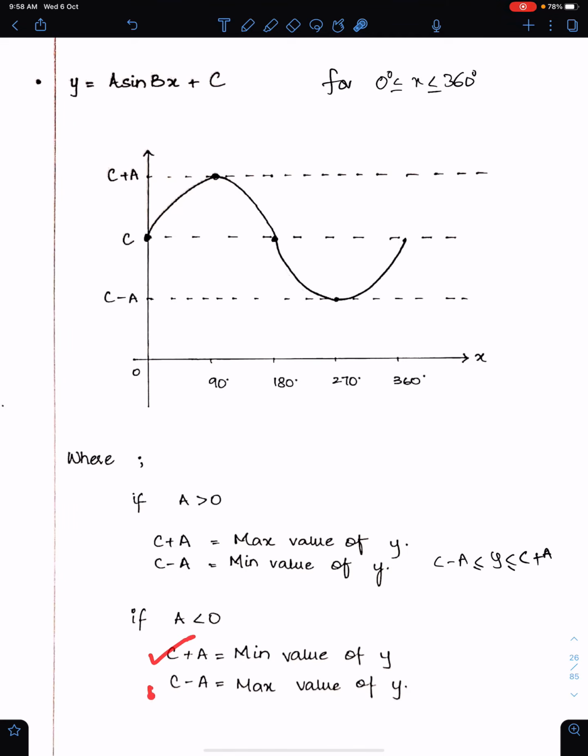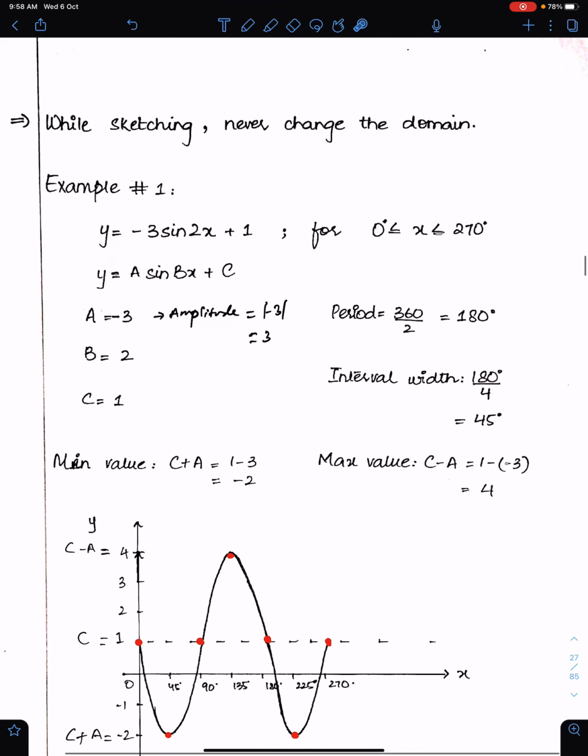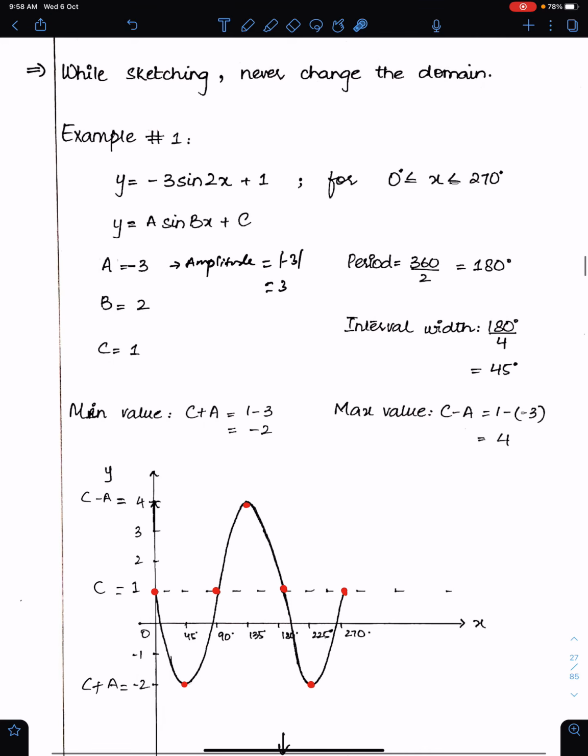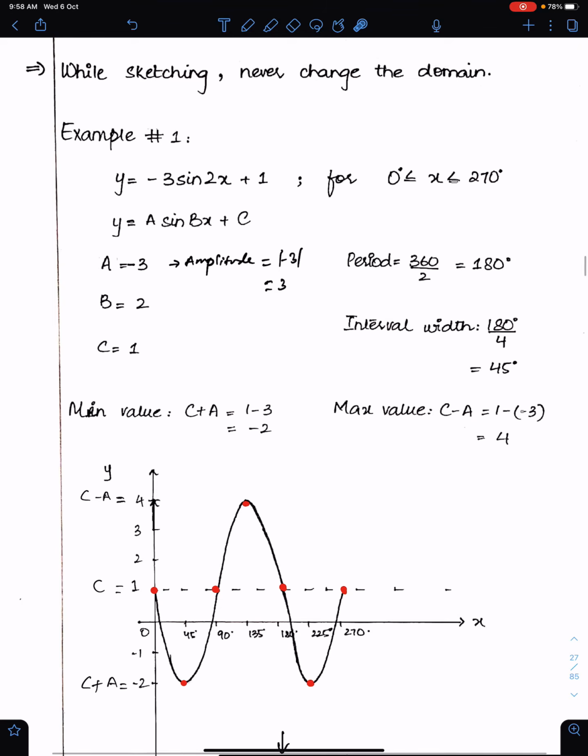This will be minimum and this will be maximum, and this rule is only for power 1 functions. These rules are only for power 1 functions of sine and cos. I'll discuss the power 2 functions rules later. Well, while sketching, never change the domain. Never change this. You should sketch this function from 0 to 270.